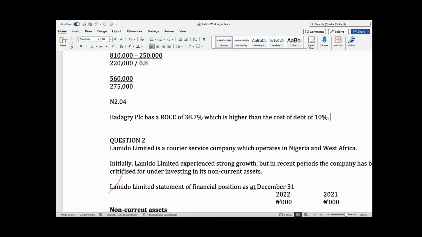Furthermore, the gearing ratio of how many percent? 8.2%. Wow.